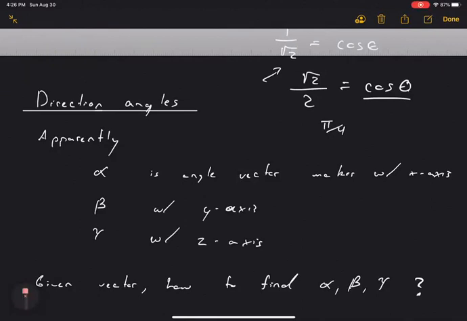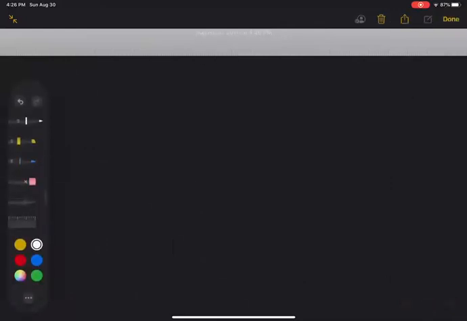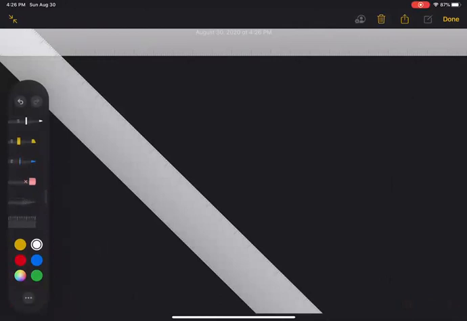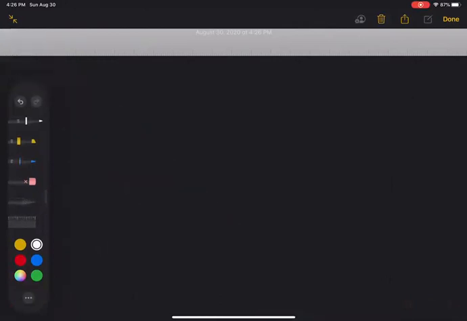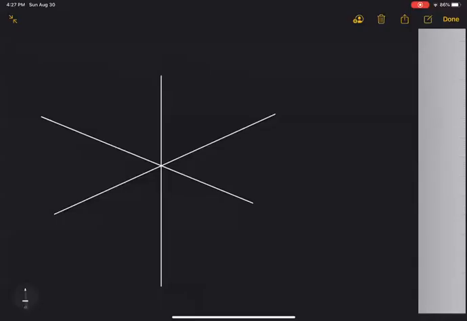This is something I didn't remember. Alpha is the angle, if we have some vector in R3, so now we're talking about R3 in particular, that the vector makes with the x-axis. So let's draw R3 real quick. Where's my ruler? Come on. Okay, so we have our R3.